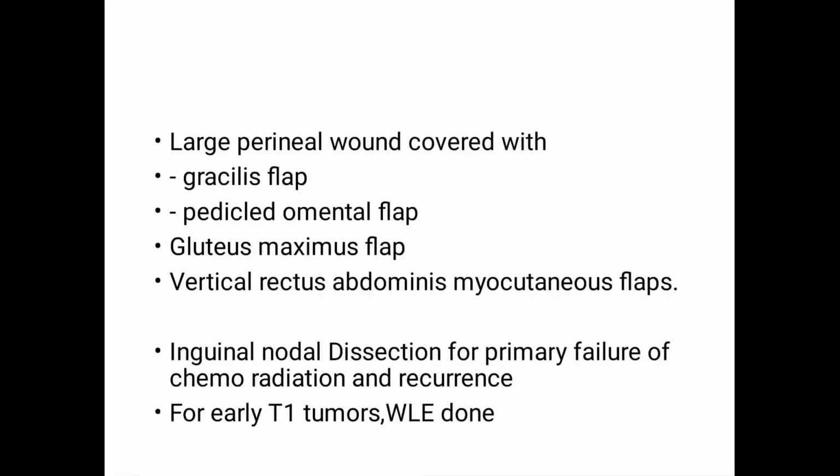Any large perineal wound after APR, the raw area, is covered with gracilis flap, pedicle omental flap, gluteus maximus flap, or vertical rectus abdominis myocutaneous flap. Inguinal nodal dissection for a primary failure of chemoradiation and recurrence can be done.